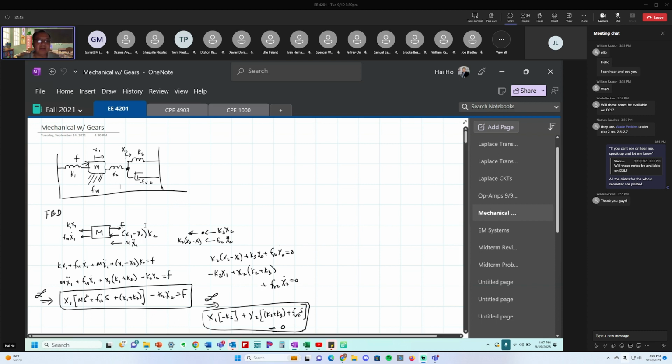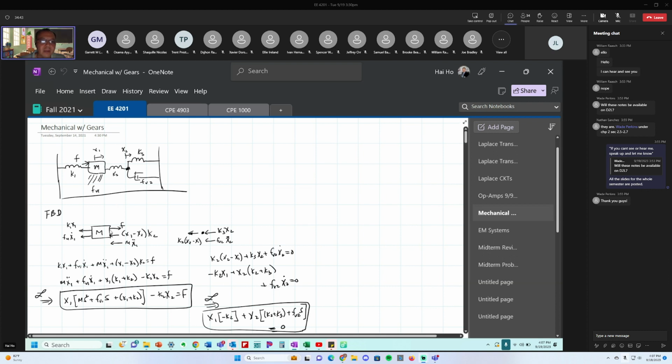Let me rewind 10 seconds. Let's suppose that we imagine that x1 moves further than x2. If x1 moves further than x2, that means that x1 minus x2 is going to be some positive number, and this spring is compressed, right? And if this spring is compressed, it's going to try to push the mass back toward the left.